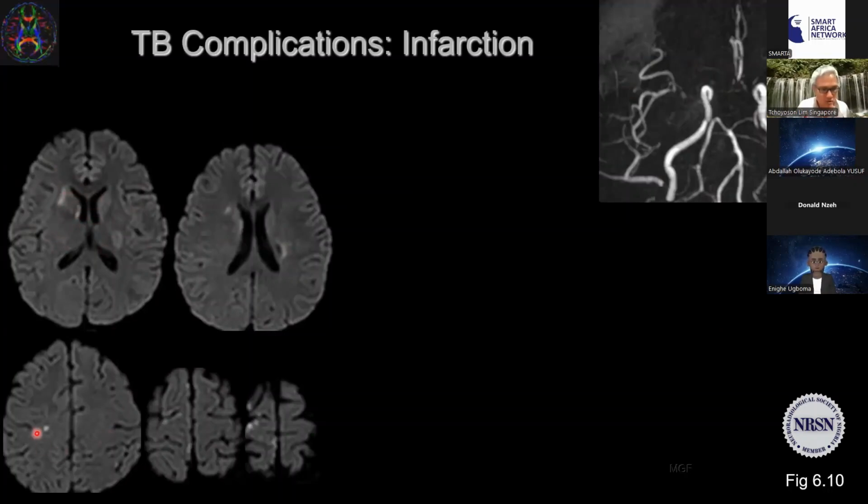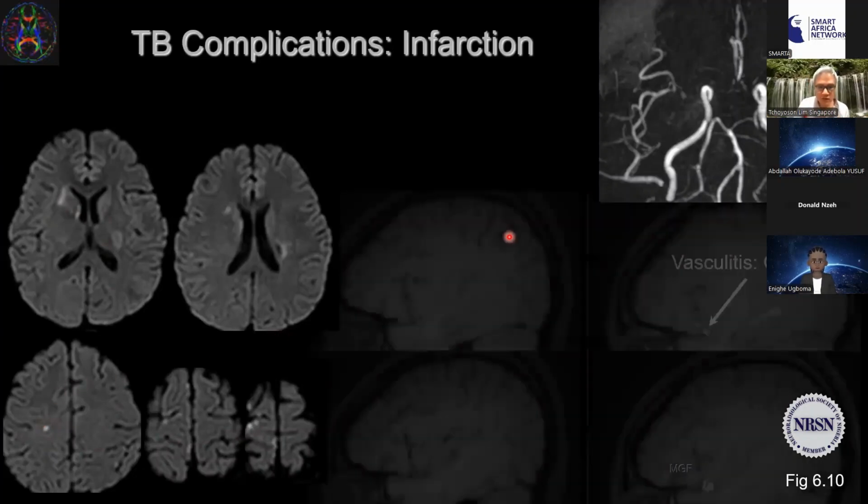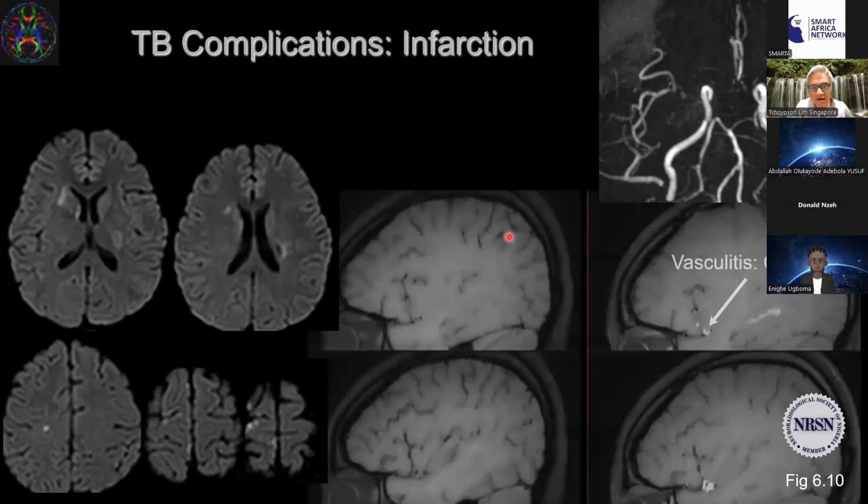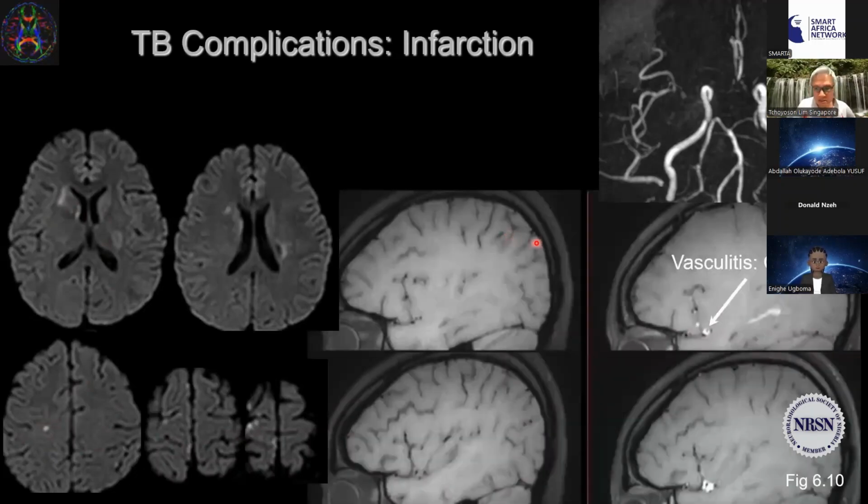In addition, you can also see meningitis in the sulci and another infarct in the white matter of the brain. The visualization of the vasculitis in the MCA will benefit when we use black blood, black CSF MR imaging. And here's an example before contrast enhancement.